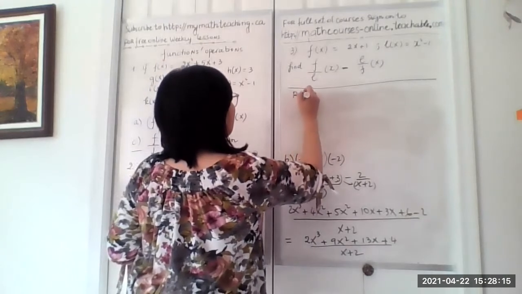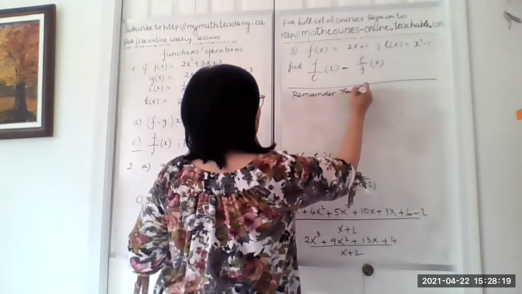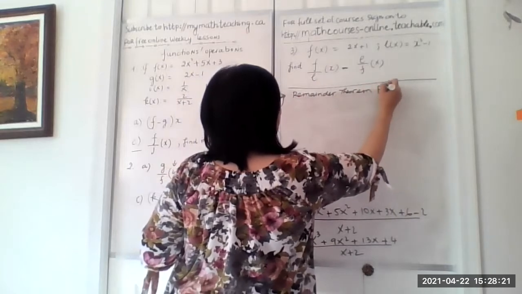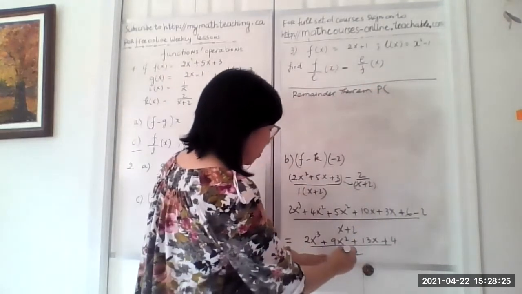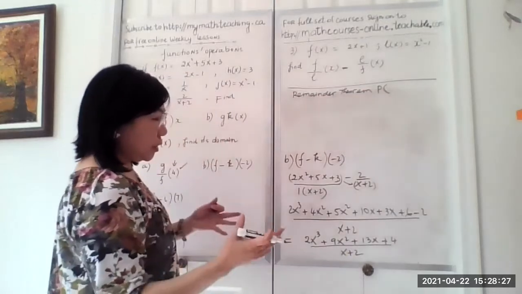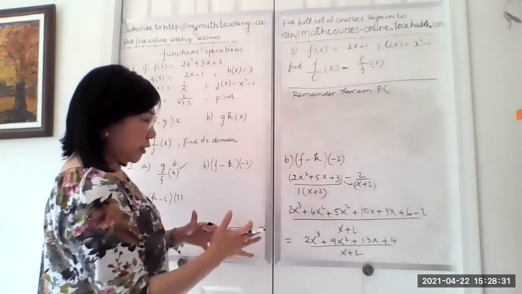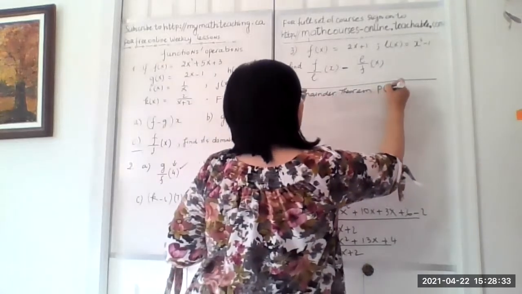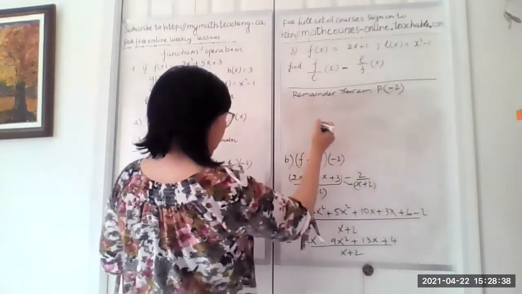So the remainder theorem says that P, now if x plus 2 is a factor of this function, then x equals minus 2. So we will try x equals minus 2 and see if we get any remainder, okay?